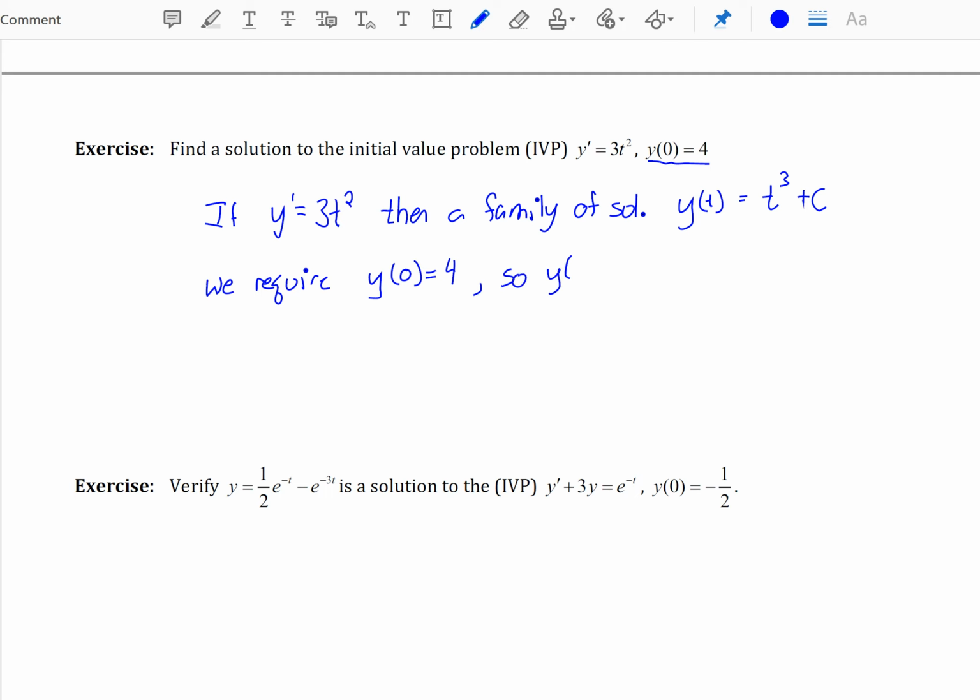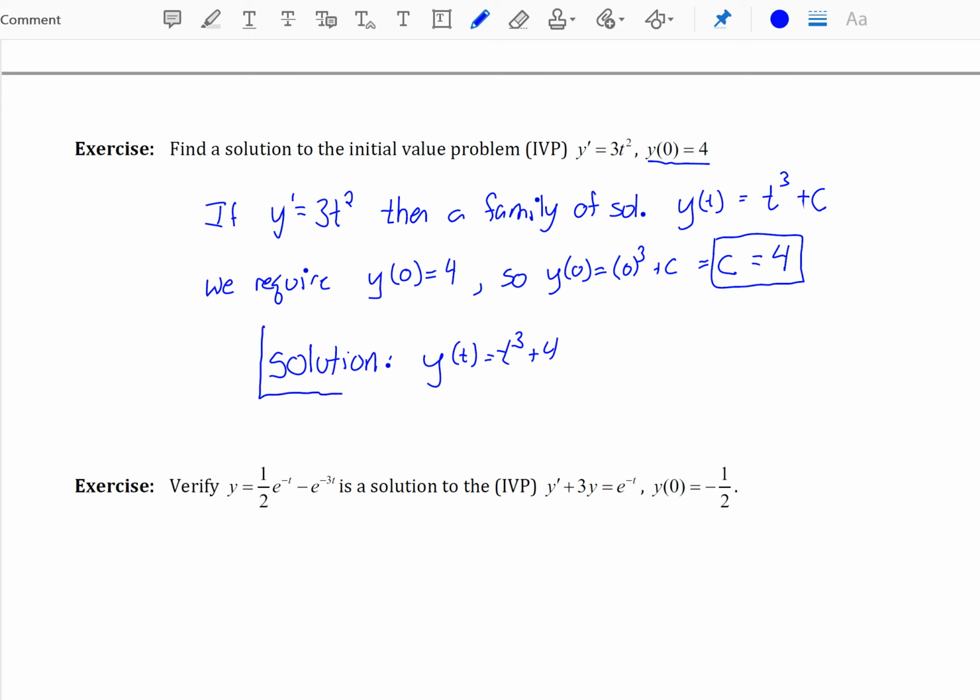So then y of 0 would be 0 cubed plus c, which we know is just c, and we require this to equal 4. This tells us what the value of c must be for our initial value problem. Let's make sure we write down our solution, though. Our solution is going to be y of t is equal to t cubed plus 4. This is a solution to the differential equation that also goes through this coordinate 0, 4.